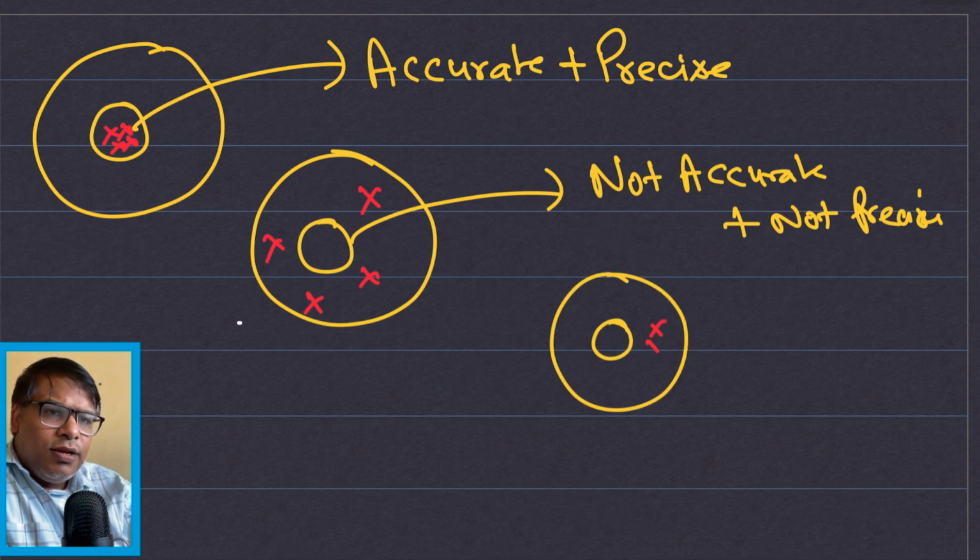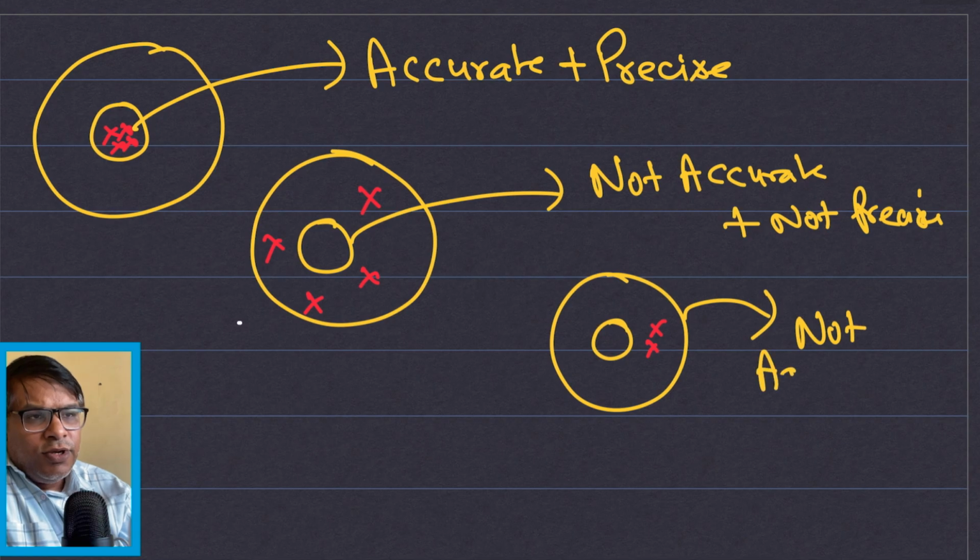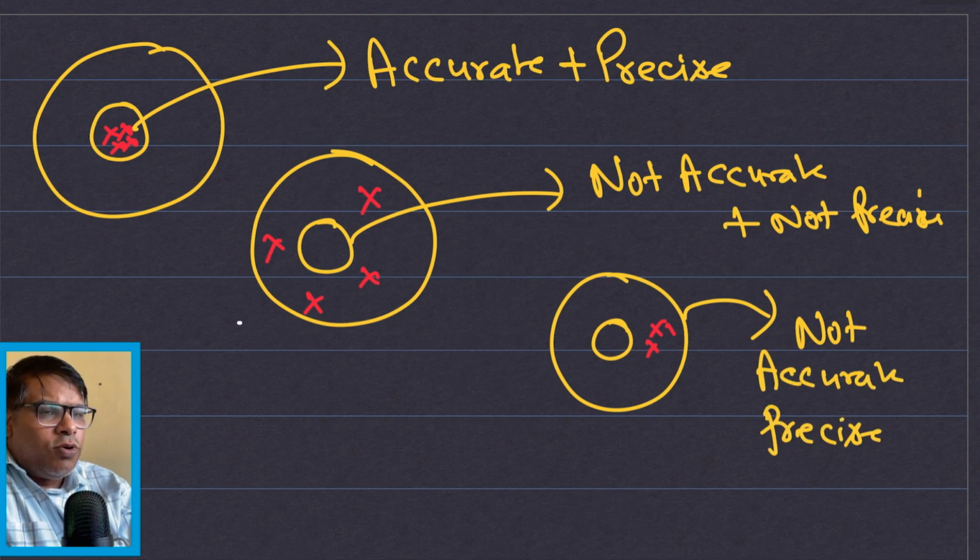Now let us take another situation. Your target was to hit inside the inner circle, but you are hitting continuously at a different location. So at this moment you are not accurate because this was not your target, but you are precise.